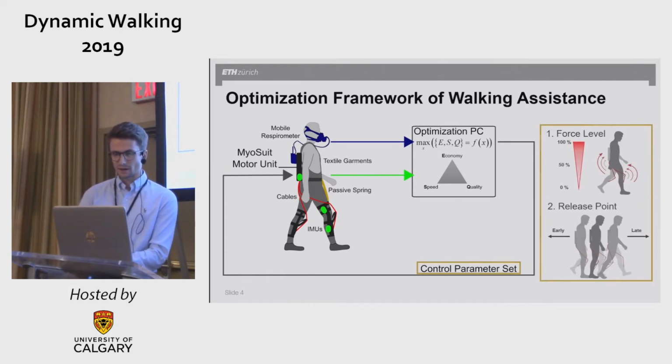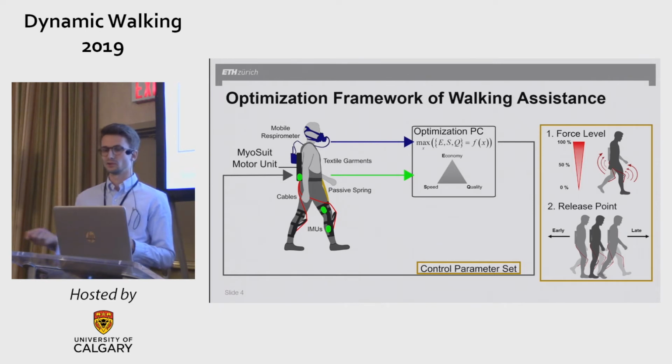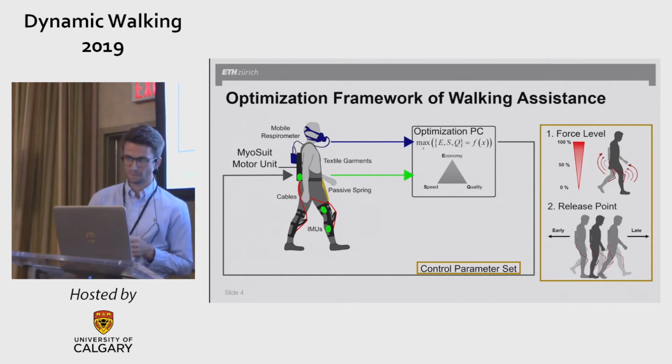And the set we optimized was 4-dimensional for both legs: the force level, so how hard we pull on those cables, and the release point, because our robot works in a way that at some point during stance phase, the forces are driven to zero, so that the person can by themselves initiate limb advancement. And that release point can be either early or late during stance phase.